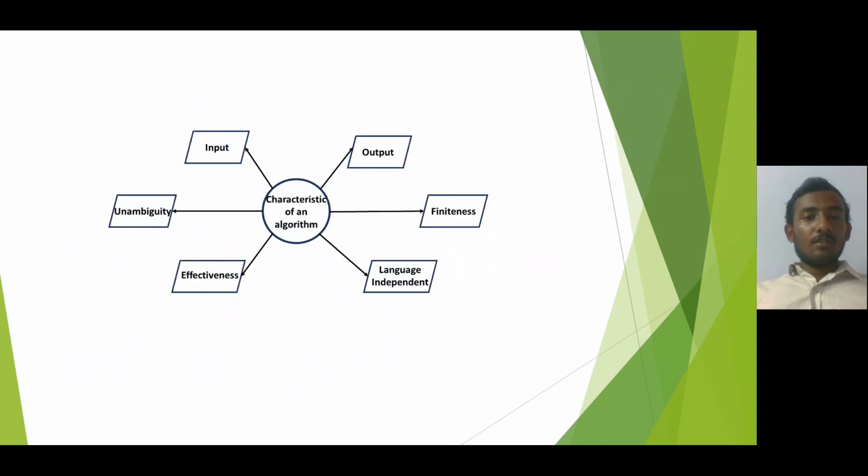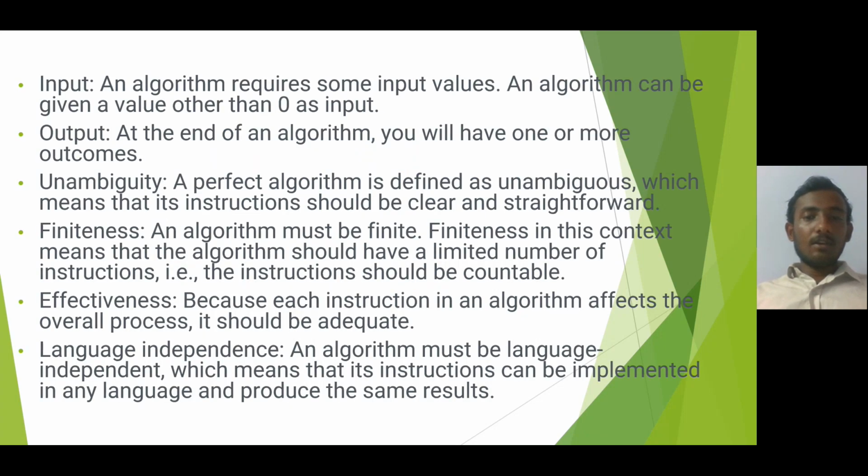And I think we have covered everything. Effectiveness. Each instruction of an algorithm affects the overall process, and it should be adequate. In the sense, the instructions which are given in the algorithm should be very effective, taking less time.